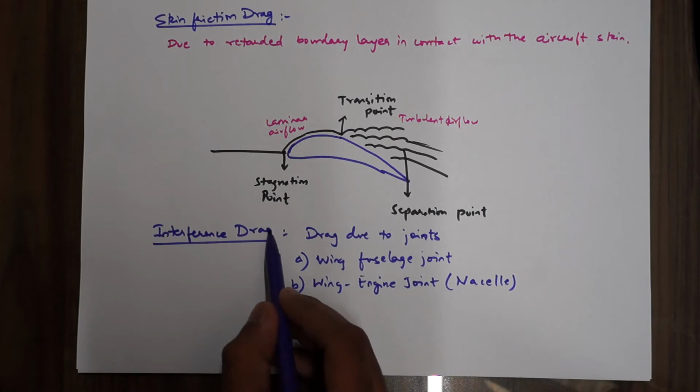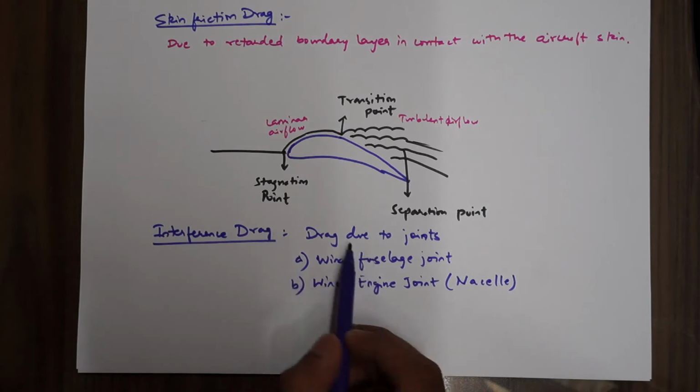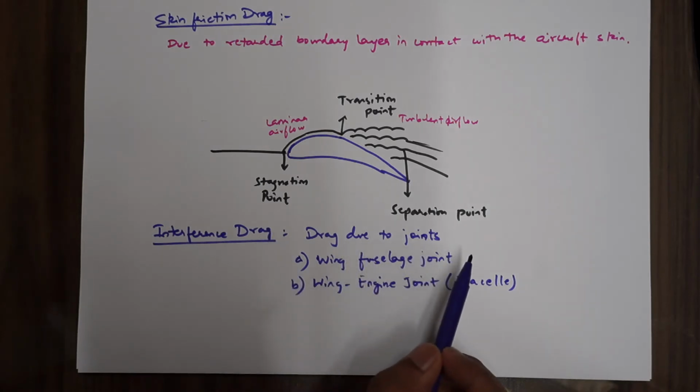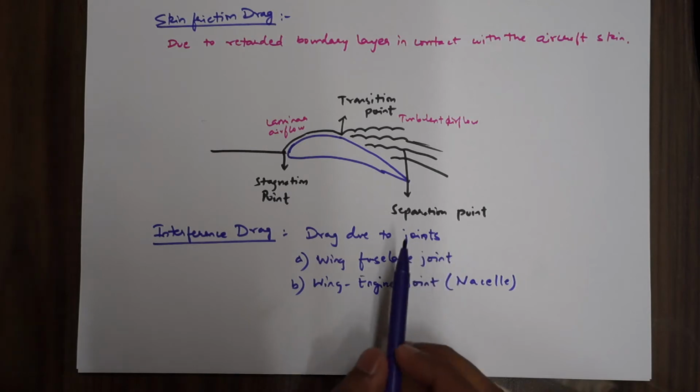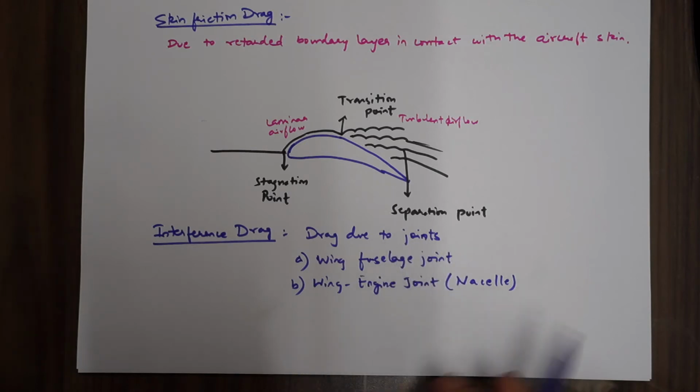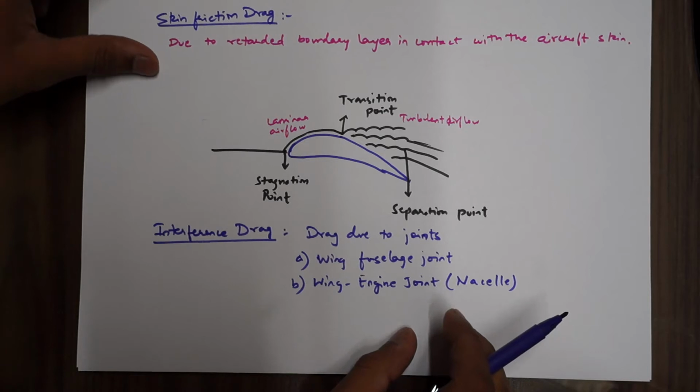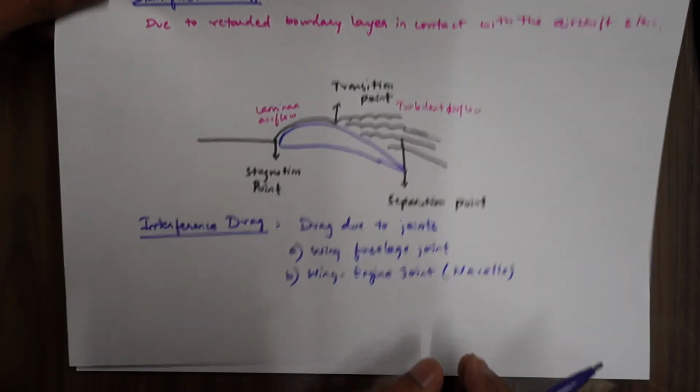Interference drag can be prevented by smoothening the joints. So you smoothen the joints, you'll reduce the interference drag.